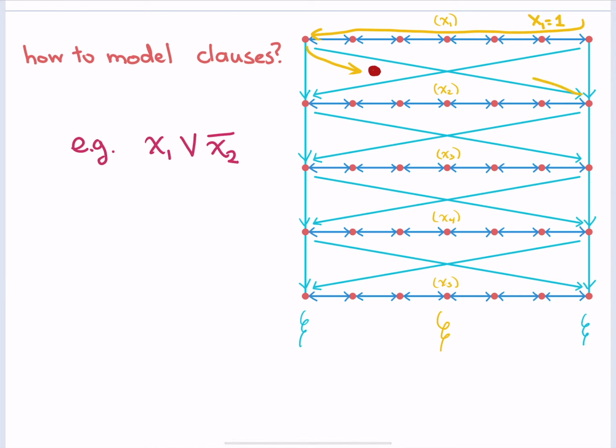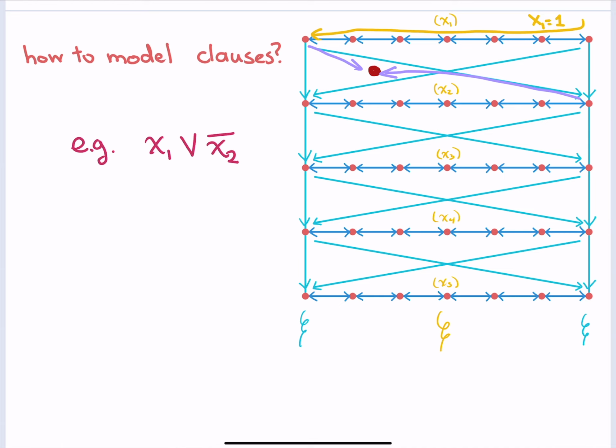So this node here, like that, so that if I was going the opposite direction for x2 equal to false, then after choosing false, I can drop in. Maybe I should make these different colors. Let's do purple.